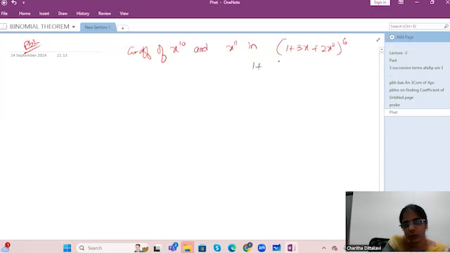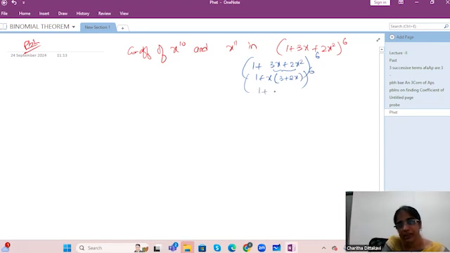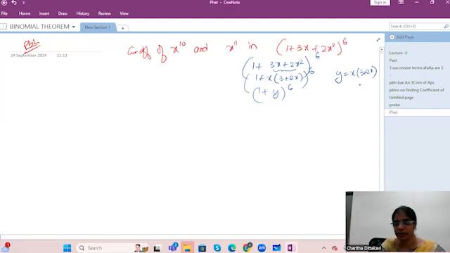So I have (1 plus 3x plus 2x square) whole to the power 6, wherein I can take something common. That is, (1 plus x) into (1 plus 2x), whole to the power 6. Now, this is same as writing (1 plus y) whole to the power 6 expansion is what I will consider, wherein my y is x times (3 plus 2x).